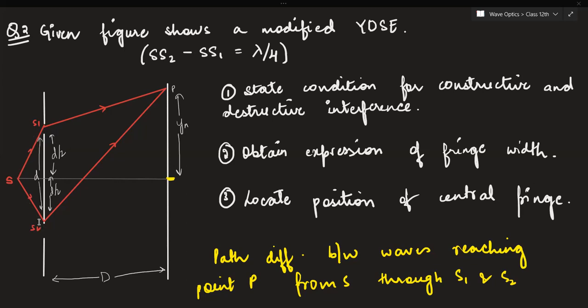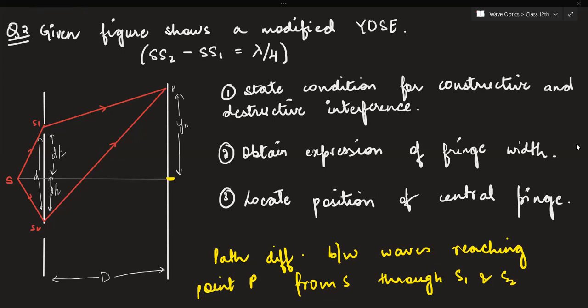So that's why you just have a change and a difference in your answer, that is lambda by 4 given to you. Look here, SS2 minus SS1 is equal to lambda by 4. So this additional extra part is just making your answer different. Rest of the things were same.